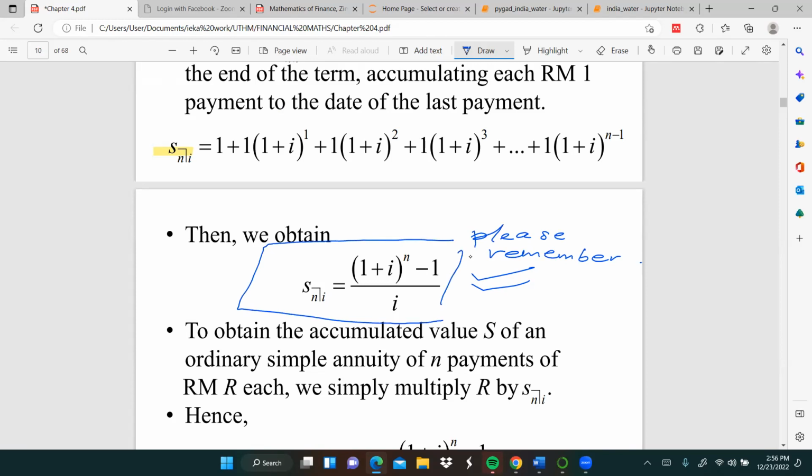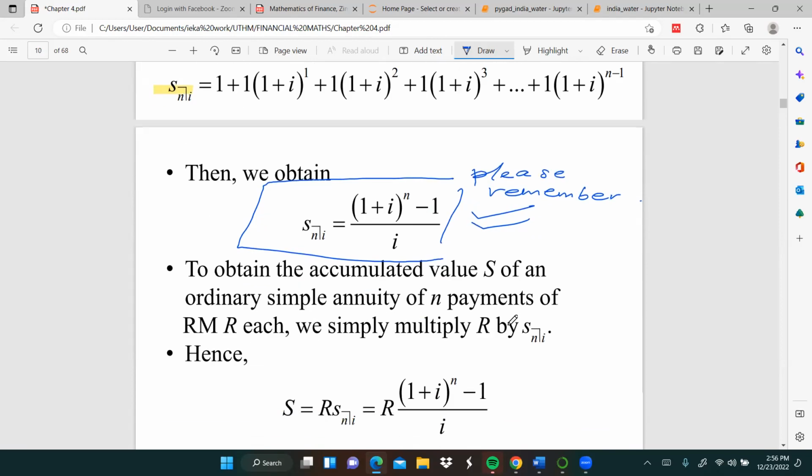Please remember this formula. And then, to obtain the accumulated value S of an ordinary simple annuity of n payments of R each: the earlier RM1 example was the calculation if we pay RM1 every month. So that is the formula.